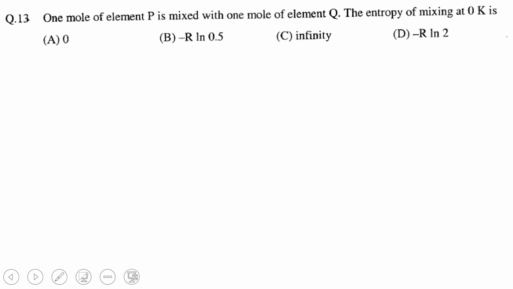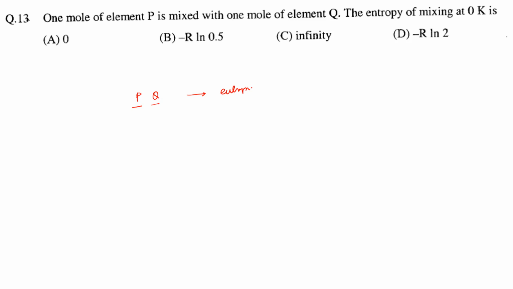1 mole of element P is mixed with 1 mole of element Q. The entropy of mixing at 0 Kelvin is? So here it is asking you to find the entropy. When these two elements, P and Q, are mixed, it will have some entropy.